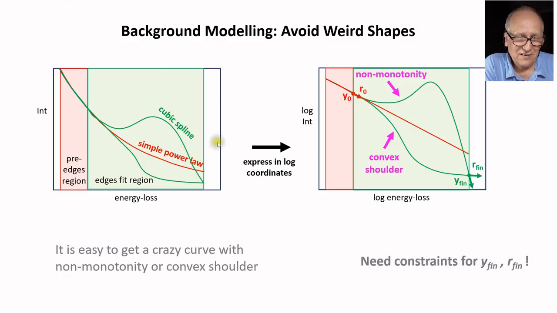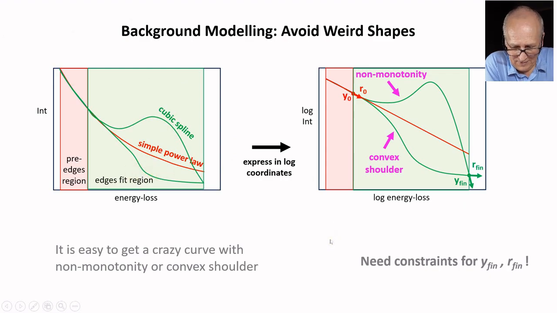That is because a simple cubic spline does not consider any physical constraints, while in fact we have to constrain it. We have to set requirements. The background first should monotonically decrease. I'm not aware of any experimental data where the EELS background can increase. And second, it should not show any pronounced convex shoulder. It should be more or less smooth.